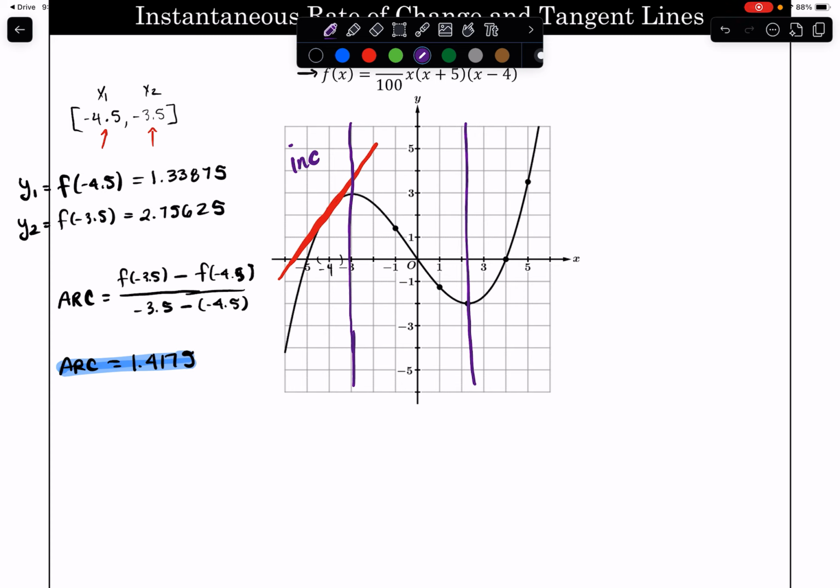If my function increases, if f of x increases, then that means that the average rate of change is going to be positive. It's going to be a number that is greater than 0, which it is. We saw that it's equal to 1.4175. That number is greater than 0. It's positive.